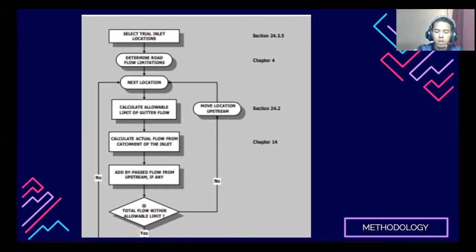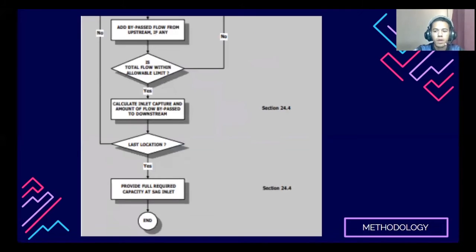If yes, we can move to the next step, and if no, just repeat the procedure and modify a few things. Then we calculate the inlet capture and the amount of flow bypassed to downstream, and check whether the last location is okay or not. At the end of the procedure, we provide the required capacity at each inlet.